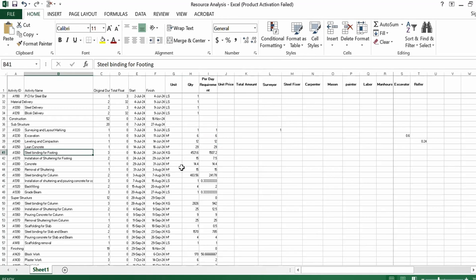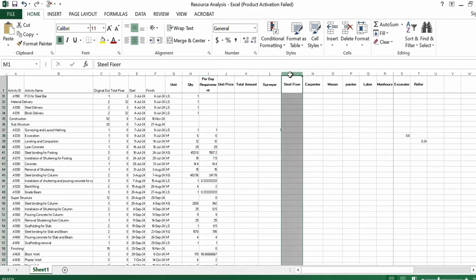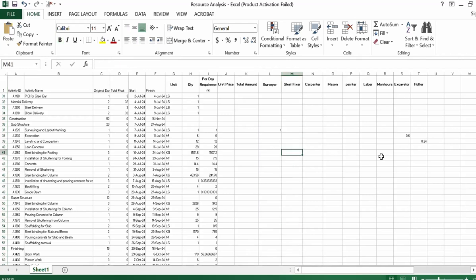Steel binding for footing. For steel binding for footing we need 1500 kg per day. For this we need a steel fixer. One steel fixer can bind almost 40 kg of steel in 1 hour.